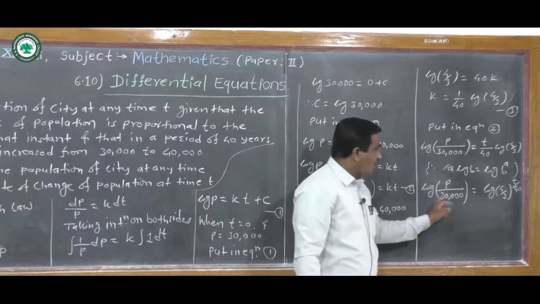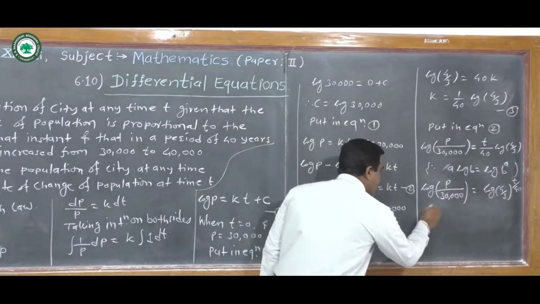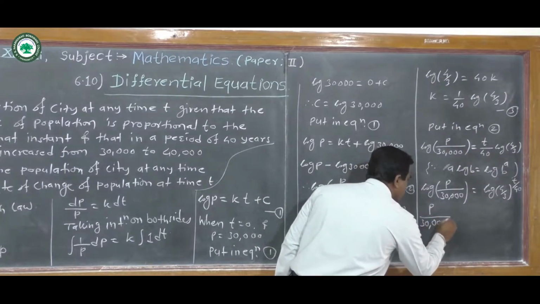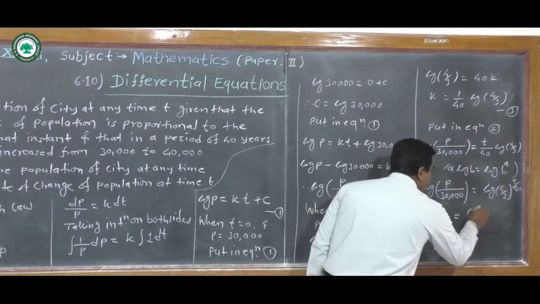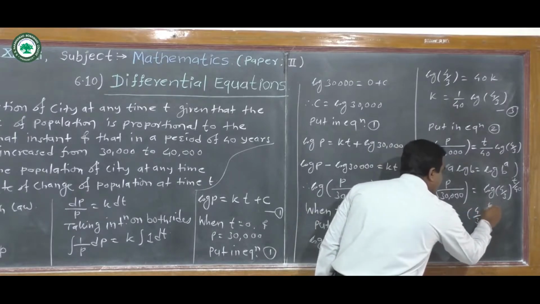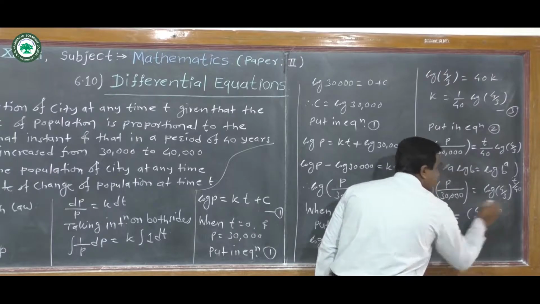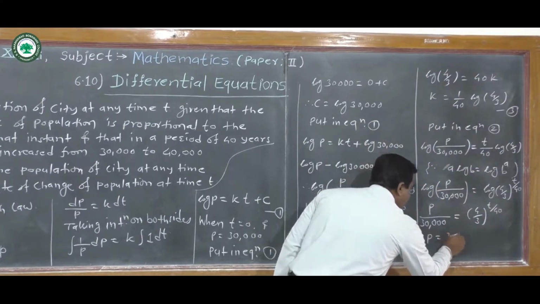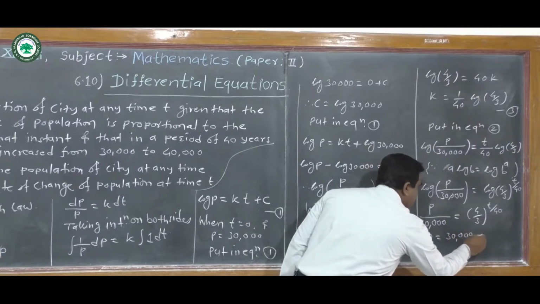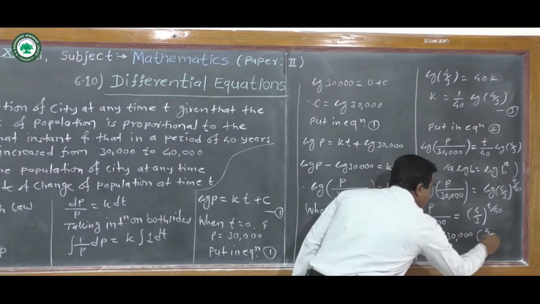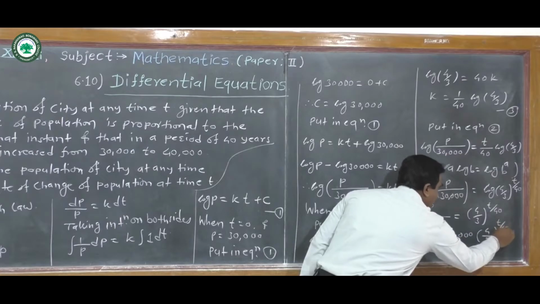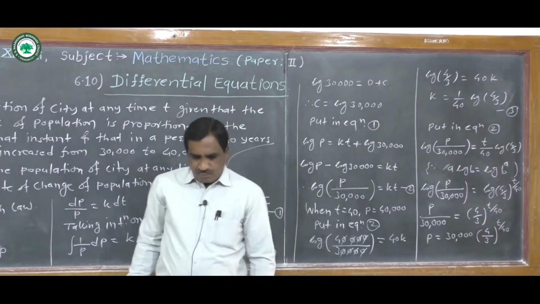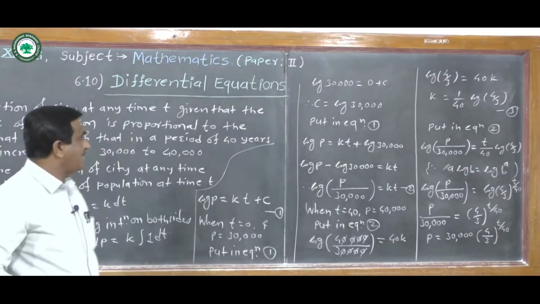Now log cancel out, remains only P upon 30,000 is equal to 4 upon 3 bracket raised to t upon 40. That is, finally we can write here P is equal to 30,000 into 4 by 3 bracket raised to t upon 40. This is the population of city at any time t.